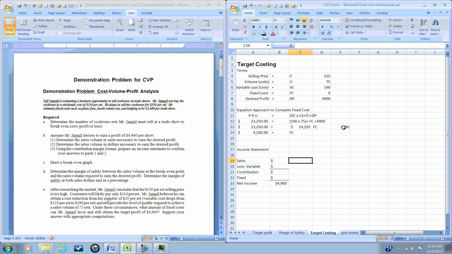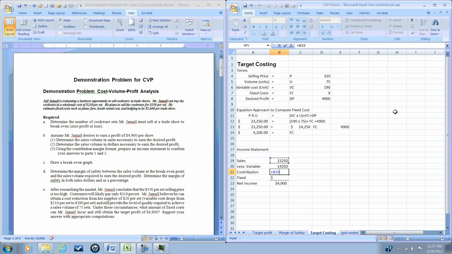And we can use the contribution margin income statement to verify this. We know our sales are going to be our selling price times the volume, or 23,250, and that is going to be less our variable costs of $190 per unit times 75 units.